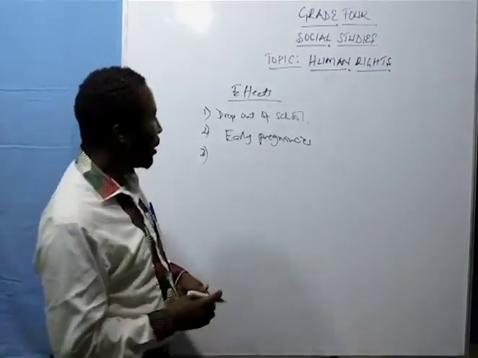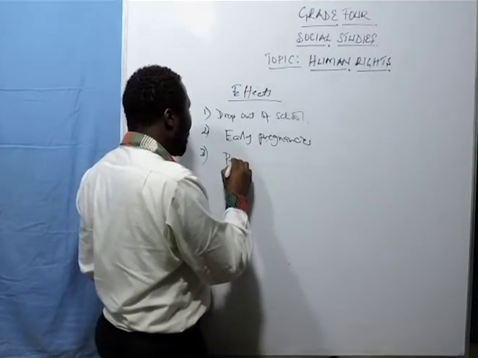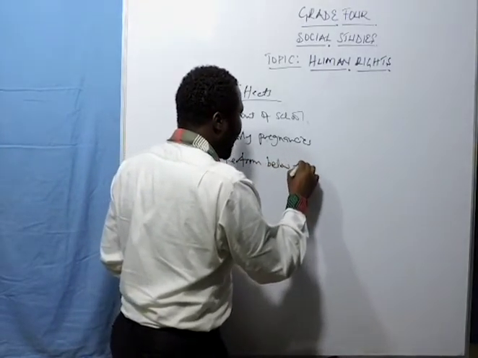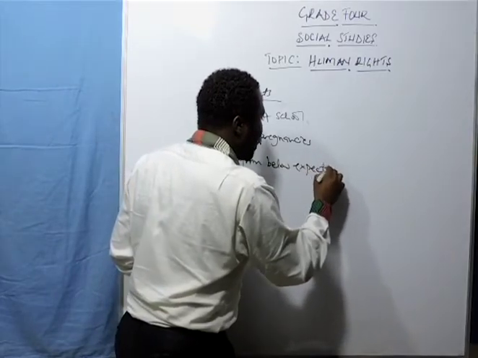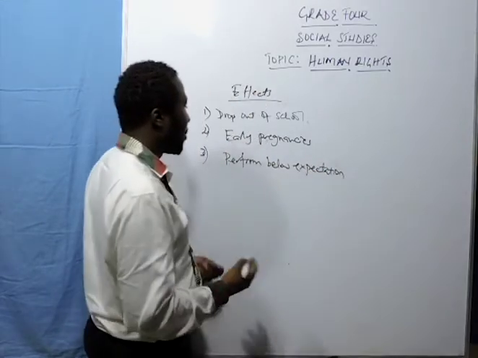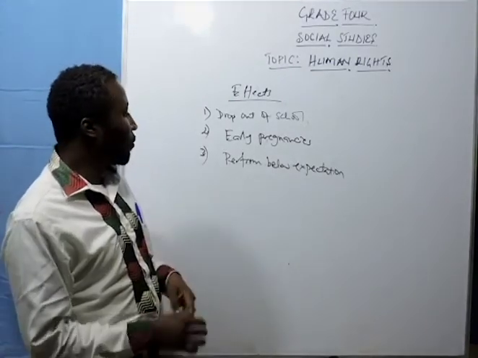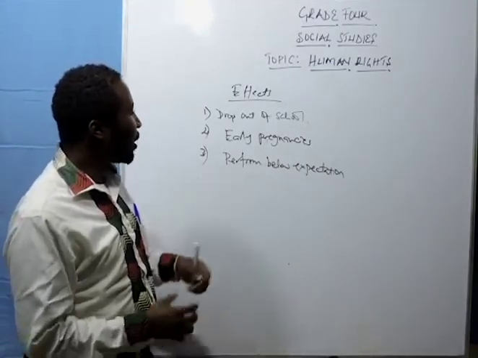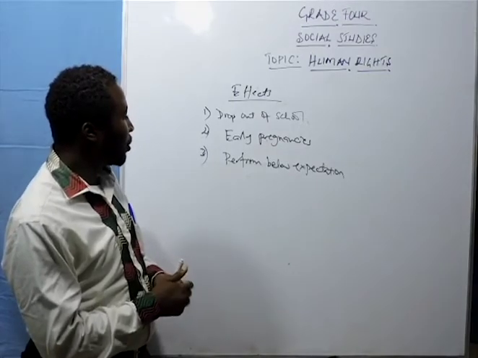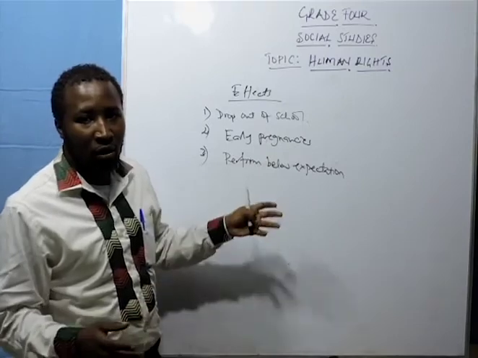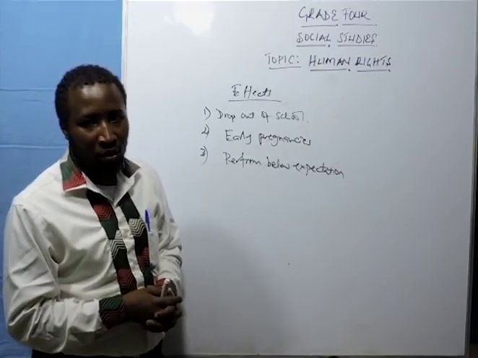Another one is that children perform below expectation. Due to this excessive caning, you don't expect a child to be performing well. So these are the effects of child abuse. So let us as parents look at this, and also as children, so that we become better learners as we work together. Thank you so much.